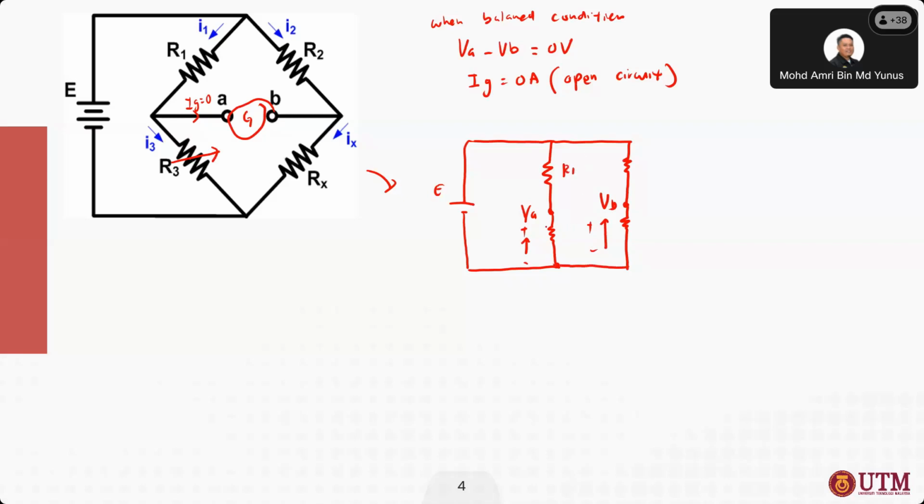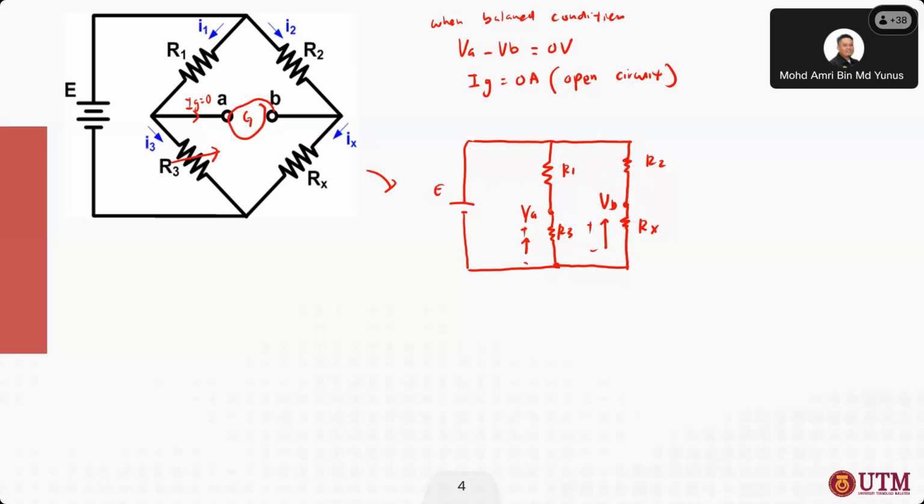R1, R3, R2 and Rx. So it looks like R1 and R3 are in series, and also R2 and Rx are in series in another branch of the circuit.